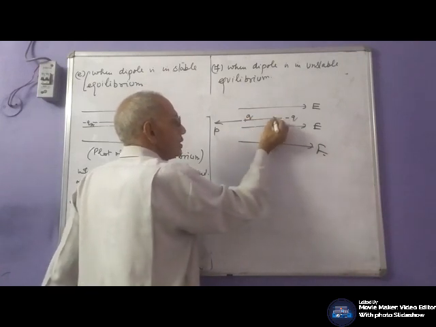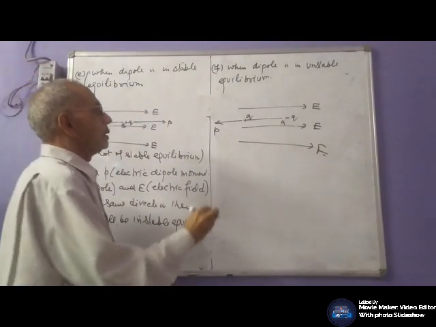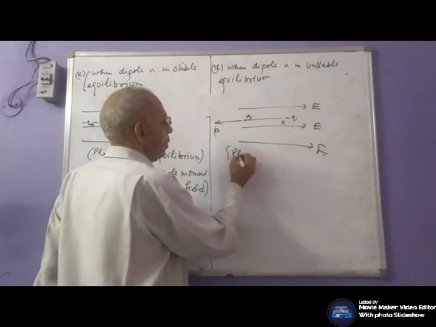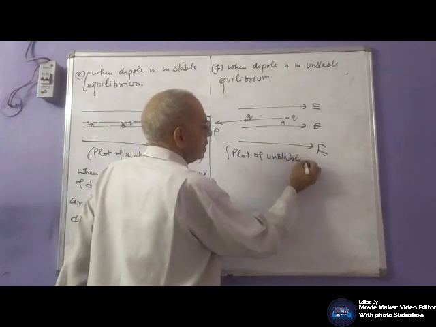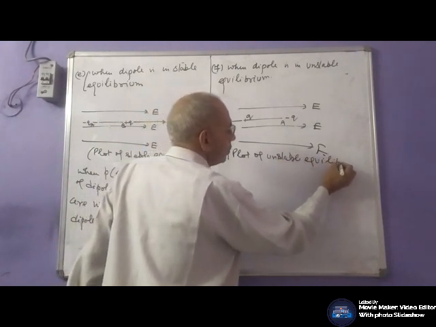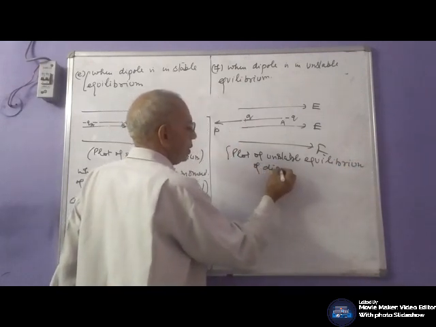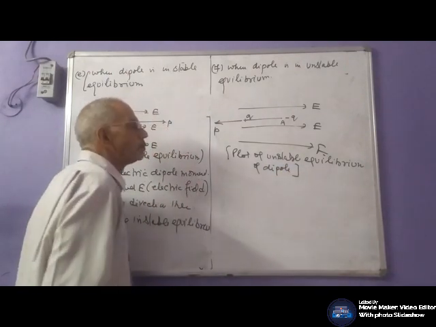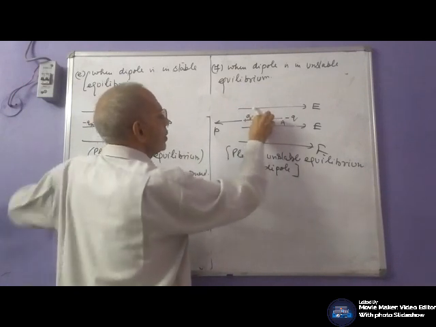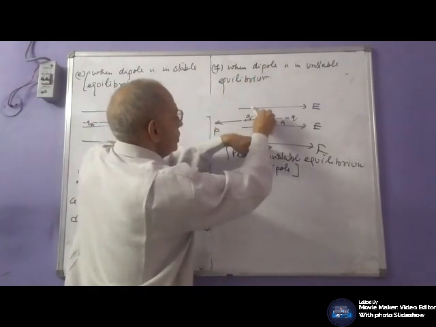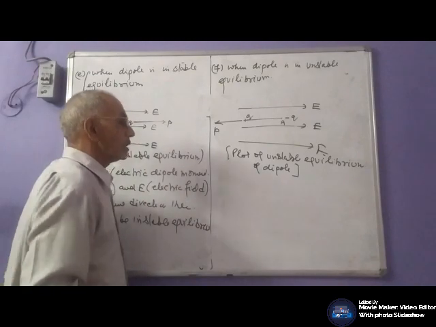Force on this is in this direction. Net force 0, it is also an equilibrium, but unstable. ये क्या है? Plot of unstable equilibrium of dipole. Now disturb it. On plus Q charge, force is in this direction, on this force is in this direction, so it won't come back. So this is unstable equilibrium.